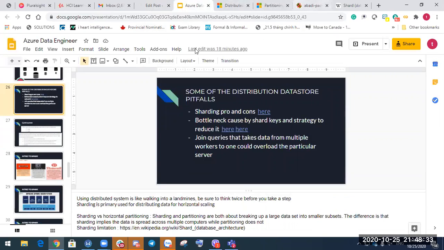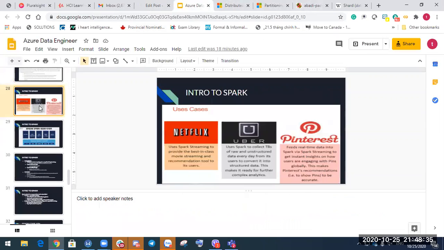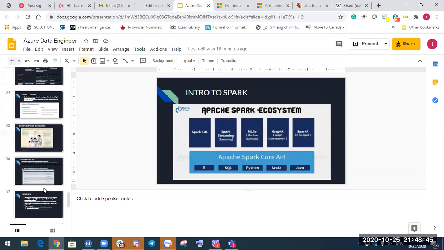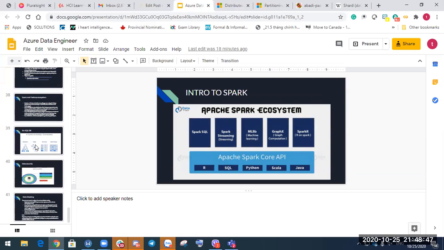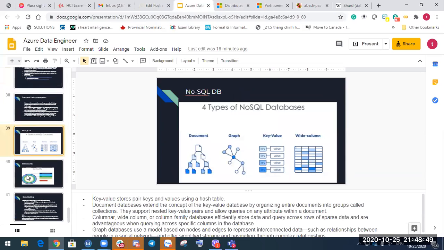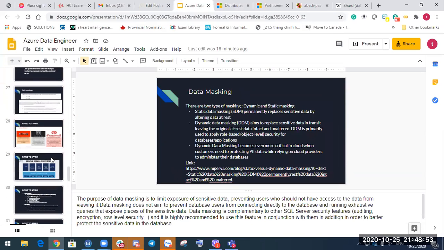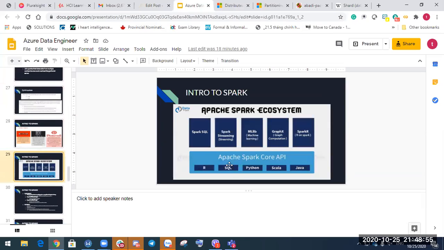Okay, sorry about that. Okay, so let's go to Spark. Since you guys already know Spark, I'll just go very briefly over the Spark architecture. Then we will use the last few minutes to talk about NoSQL for different types, and we will talk about data masking. So the core of Spark is the Spark API.